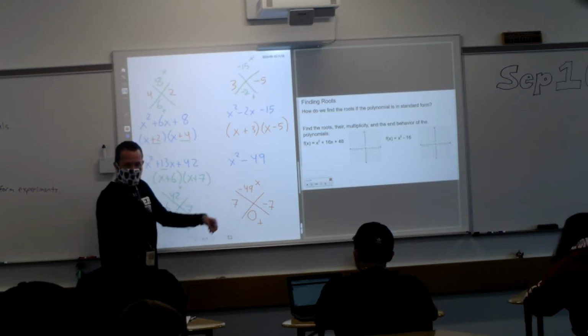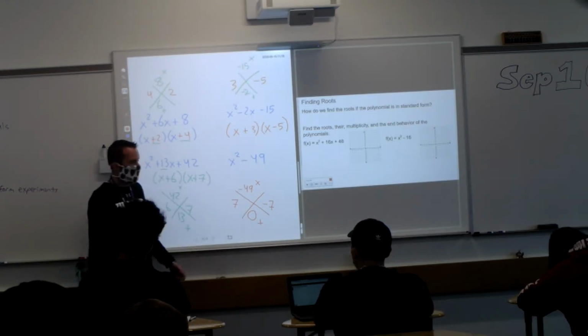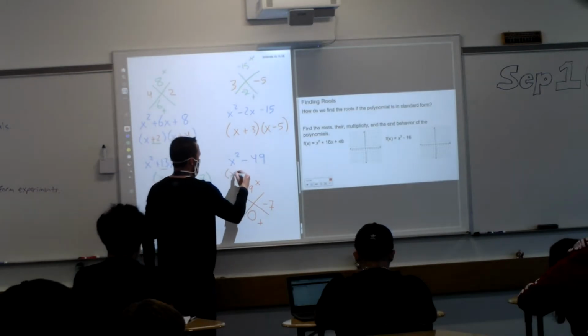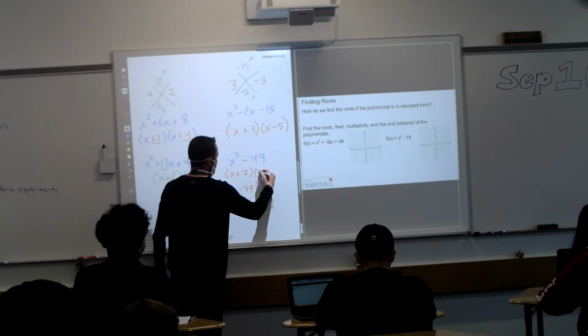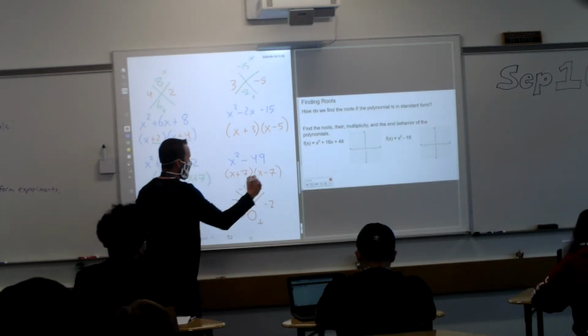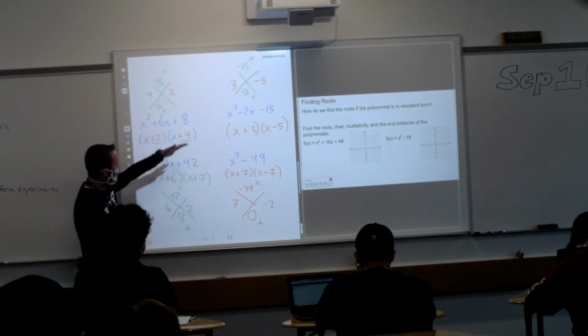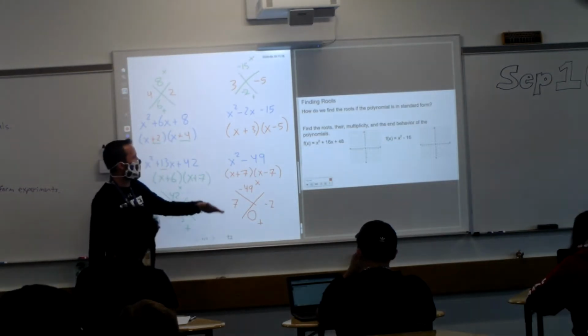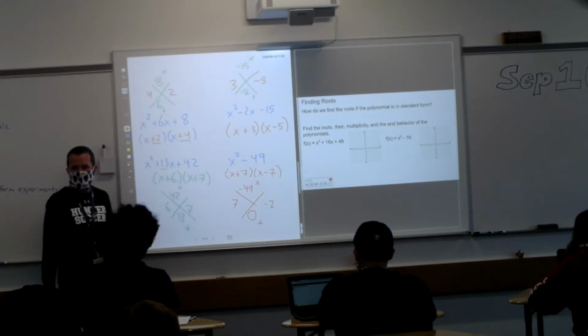Because they multiply to negative 49, they add to 0, right? So that gives you x plus 7 and x minus 7. And there you go. How could you check your work here? If you just multiplied it out, it should take you back to what you started.